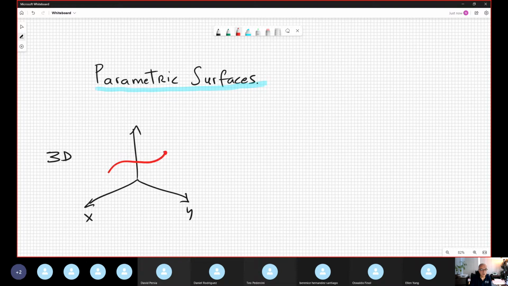The dimension of this object is 1D because it's a curve. The curve only has length. We have no width, we have no height, only one dimension. However, it is living in the 3-dimension context, no problem. Does everyone understand the difference between the dimension of the object and the dimension of what you consider it to be?